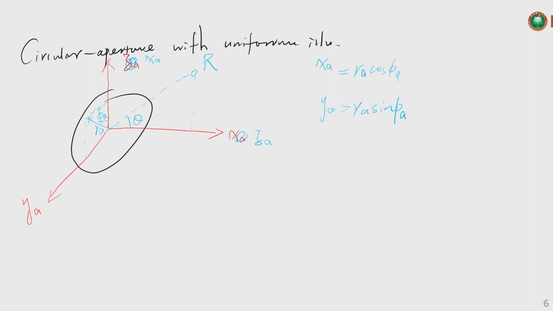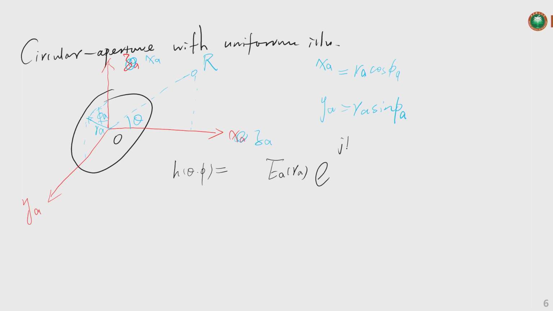So then you can get the form factor H(theta, phi), which can be represented by an integral over the aperture, just in the x or y plane for calculation. So it is times the exponential component, right?